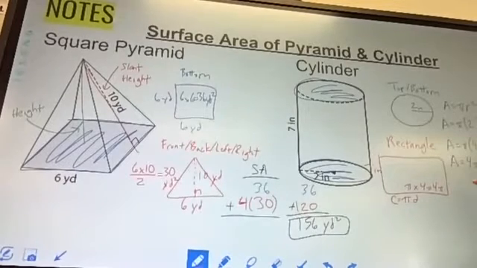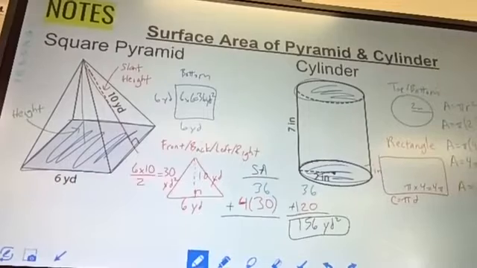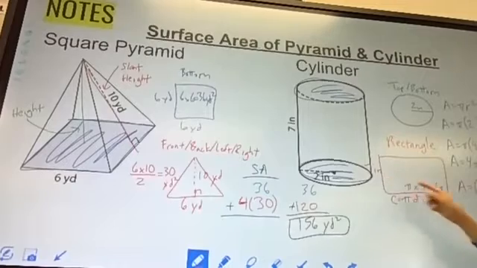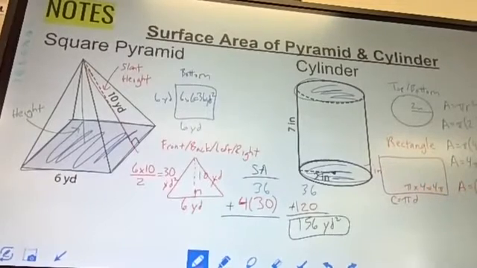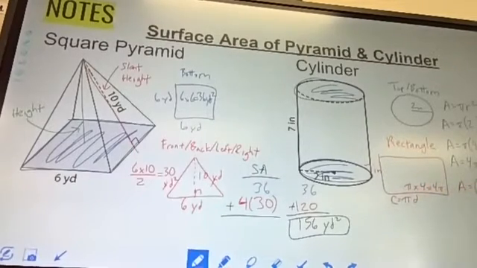So to figure out the area of this rectangle, we take 7 inches times 4 pi. 7 is our height and 4 pi is our base. 7 times 4 is 28. So the area of the rectangle is 28 pi inches squared.